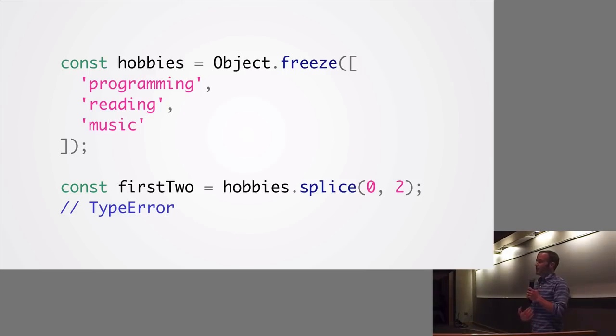So if we wanted to apply just Object.freeze, all we need to do is call Object.freeze on our array. And now, when we mess up and we mistype slice and we put splice, it's going to throw a type error. So at the very least, we're going to get an error to say, hey, you may not have meant to do this because you have a mutable state and you don't want to mutate it. And so hopefully we can catch this bug earlier because of that. And so immutability can give us these sort of safety guarantees to a certain extent and help us out a lot in our programs.